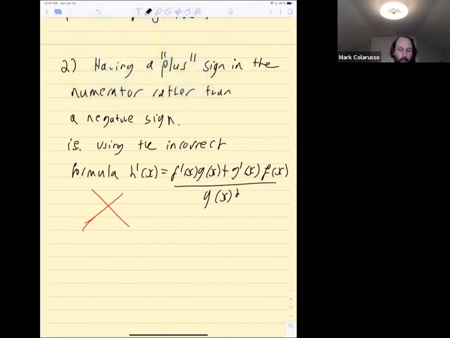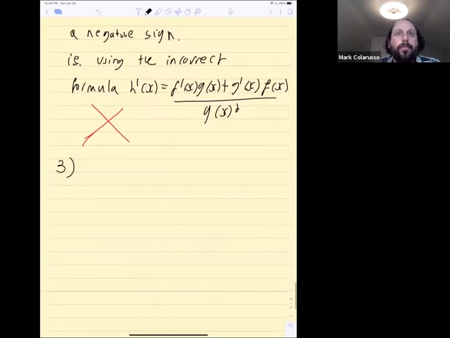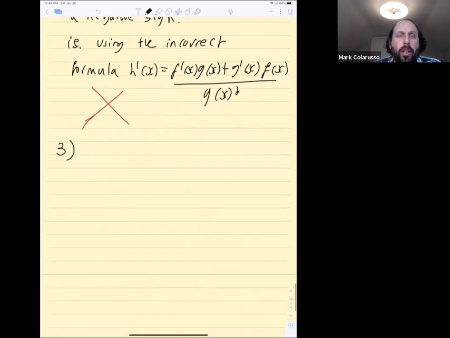And the third, so these are in increasing order of severity. The third mistake, which I really hope you guys don't make, is one involving algebra. So algebra mistakes with quotients.